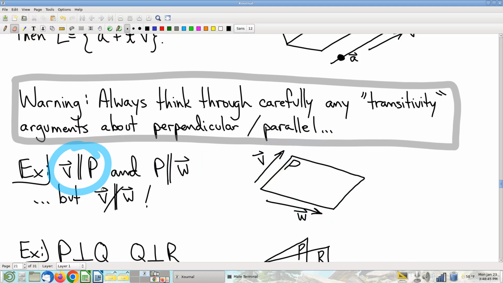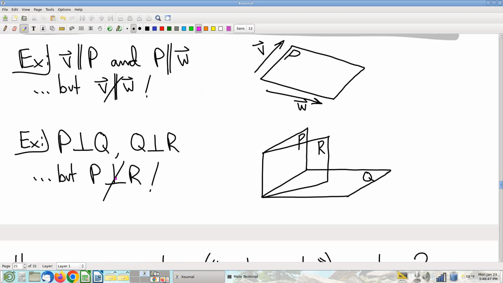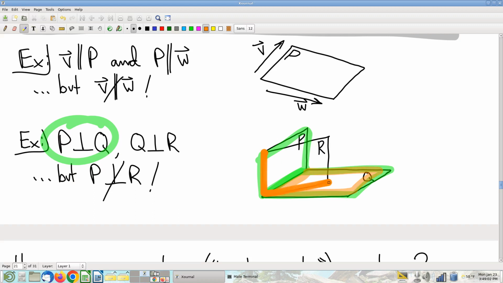Okay, here's another example. We have here two planes that are perpendicular: P and Q are perpendicular, and Q and R are perpendicular.